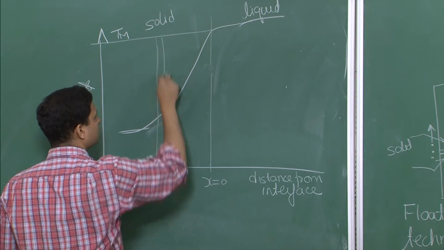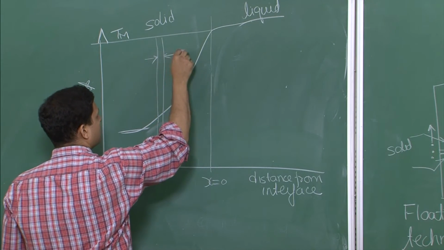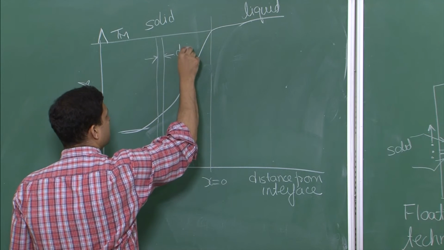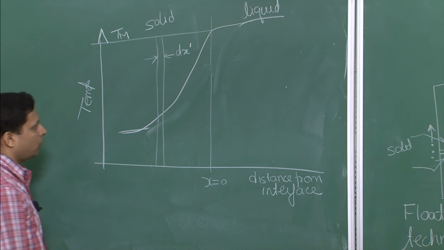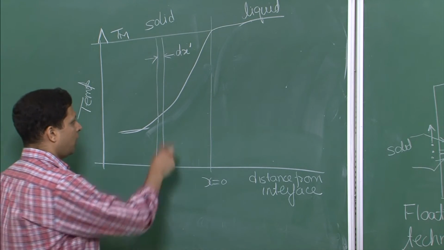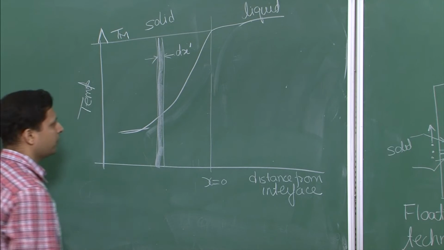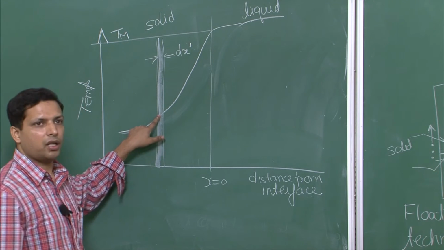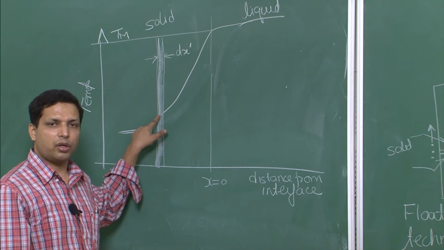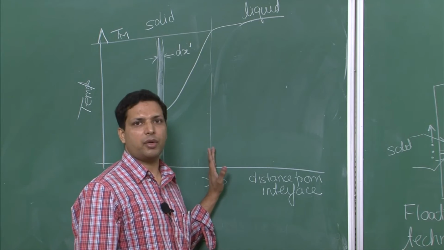Now, let us look at a particular point, a distance from the interface somewhere inside the solid over here. Let us say it is a small element of thickness dx prime. If you look at this small element dx prime, what you will see is that the temperature of this particular element should remain constant. Why? Because we are talking in terms of distance from interface.